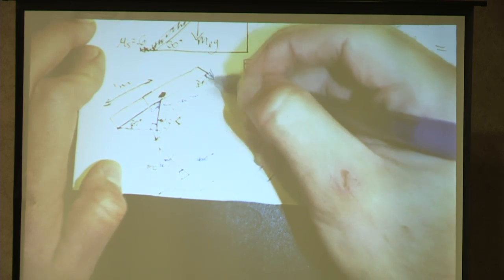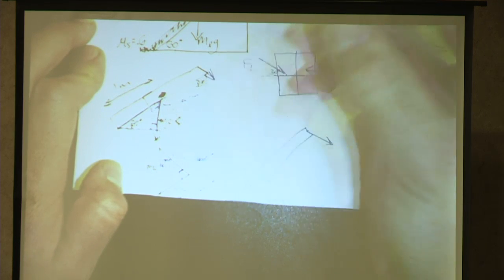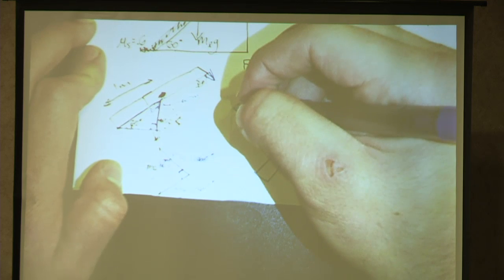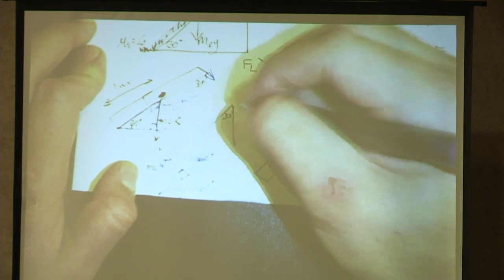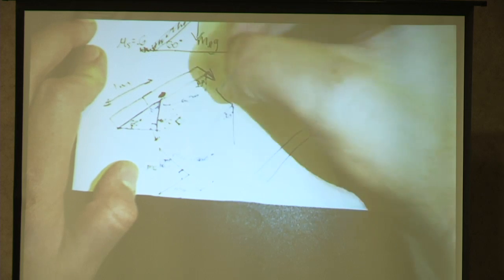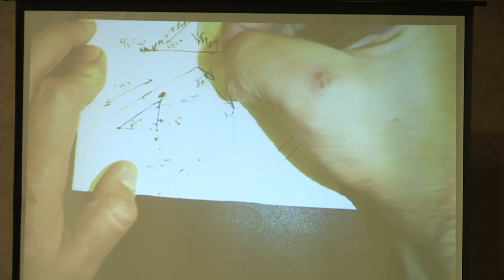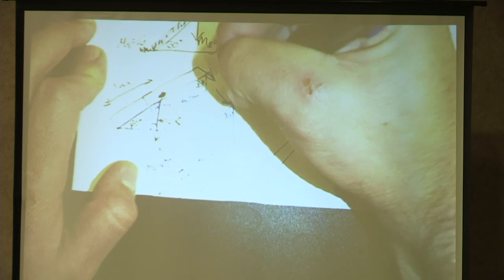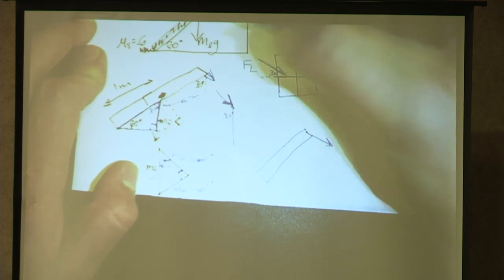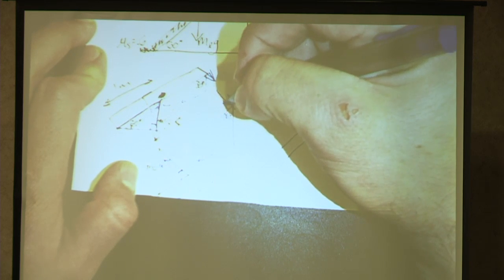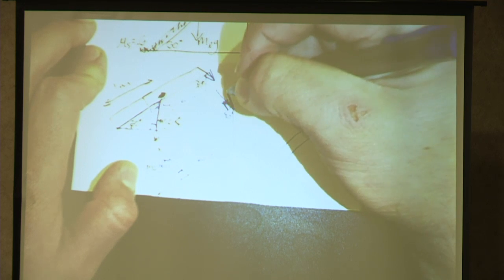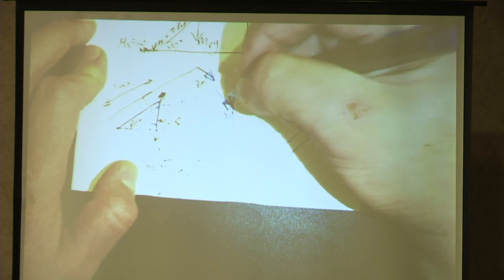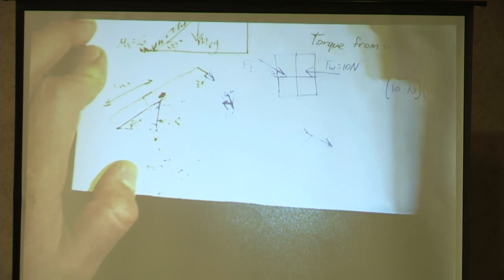This angle right here is going to be 30 degrees, right? So you have that, that is going to be the force that you act on the window with, right? So that will be a total of 90 degrees. And then that, it's kind of confusing. This up here will be 30 degrees.